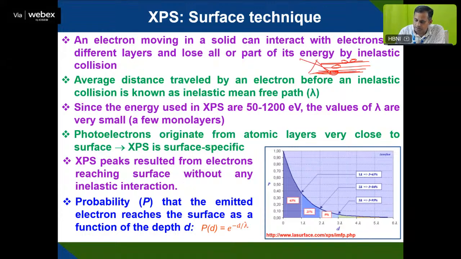So this electron, while coming out, can interact with neighboring electrons, that is, other electrons. It can lose part of its energy by an inelastic process. So the average distance traveled by the electron before an inelastic collision is known as the inelastic mean free path. Like, it started from here, and before going out it has to come out to the outer space. But before coming out, it will interact with many electrons inside.